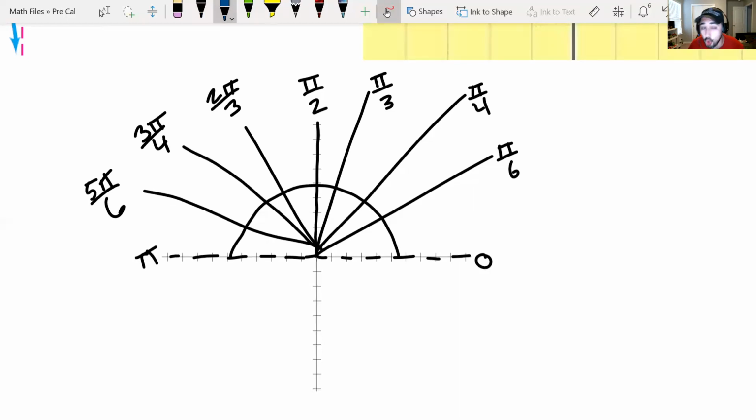And remember, for all of these unit circle restrictions, you can use any radian values between these angles as well, as long as it fits in the quadrants.